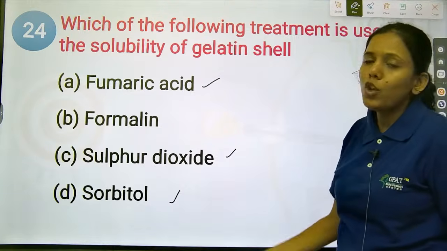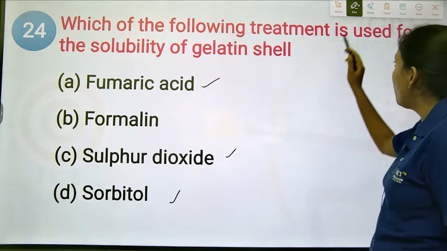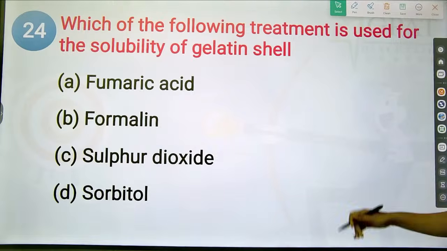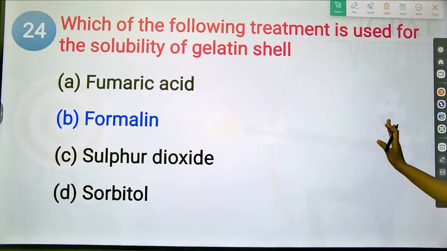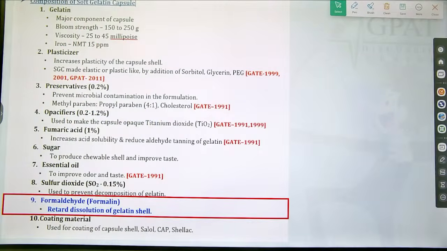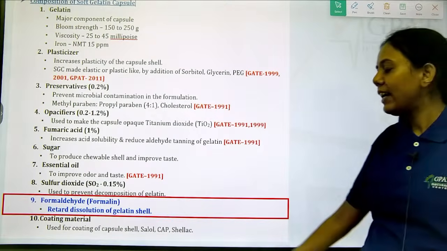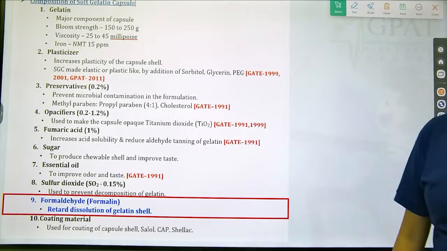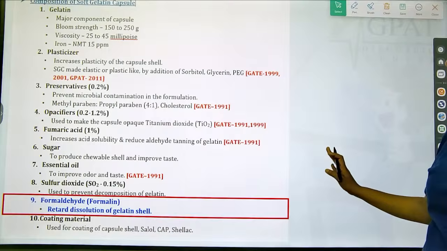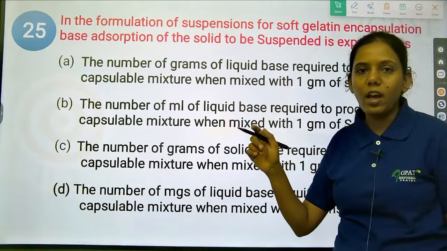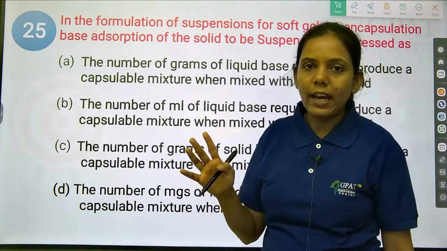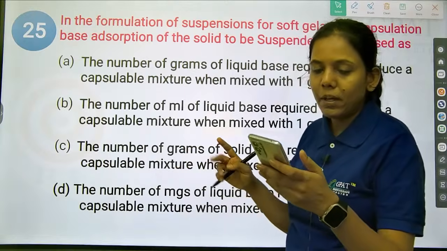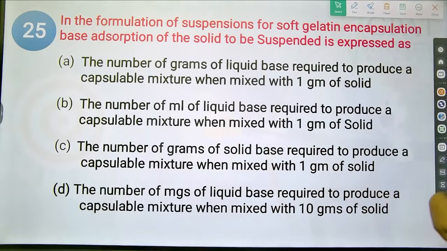Sulfur dioxide is out, and sorbitol is the plasticizer. So basically what we are adding is formalin, that is 40% formaldehyde, okay. That retards the dissolution of the gelatin shell. Remember the composition: formaldehyde is not entirely 100%, 40% is nothing but formalin.